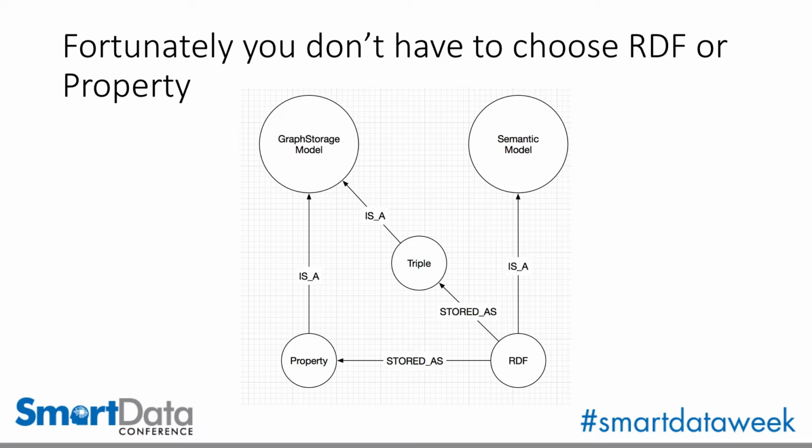When you're looking at how to pick what database to use at the storage level, you want to look at whether it fits the shape of your data. If a vendor is still using an RDBMS system underneath your connected data, it's not really optimized for your connected data. So RDF can be stored as triple or property, and those are graph storage models.